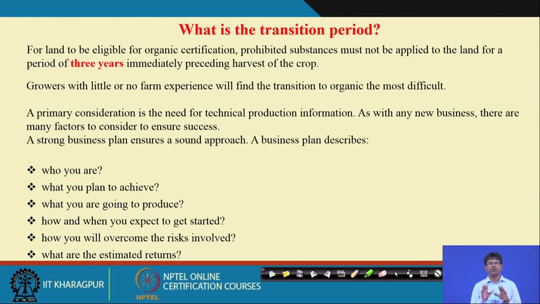When you consider these four pillars, then you will have a business plan for organic farming or the conversion. Before that you ask the questions: who you are, what competency you have, how you can take up the challenge, how you can convert, and what knowledge you have on organic farming, whether you have sufficient knowledge for converting your farm to organic farming.